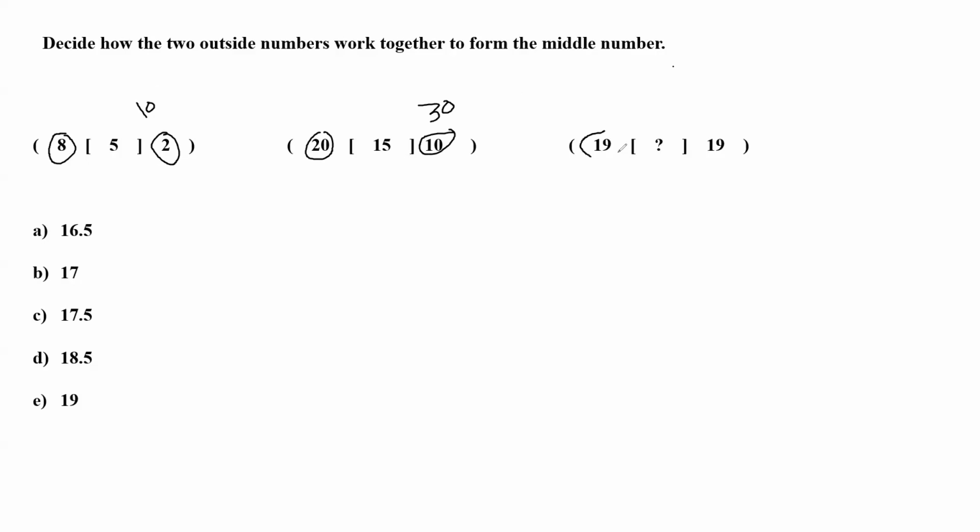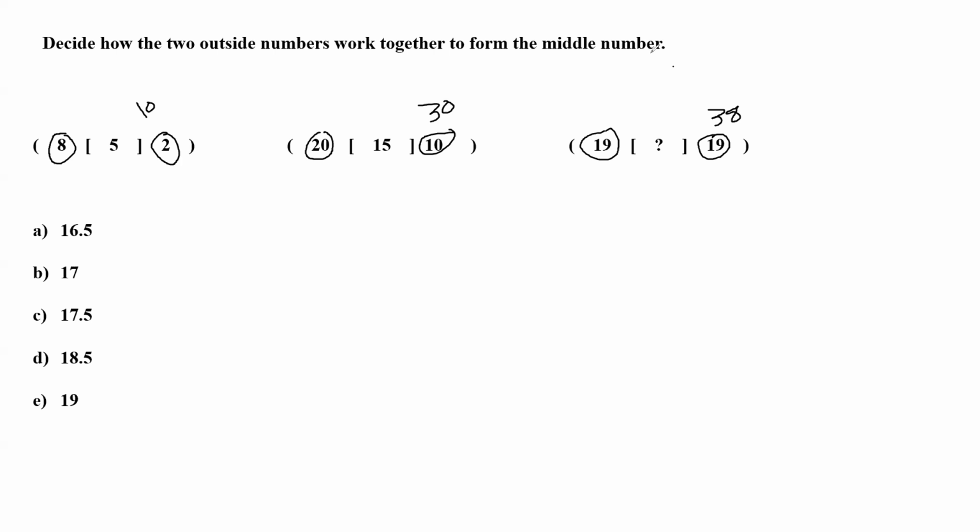So to figure out the answer, I added 19 plus 19 to get 38. And since they're both the same number, it means that the answer must be 19. We've given ourselves the answer.